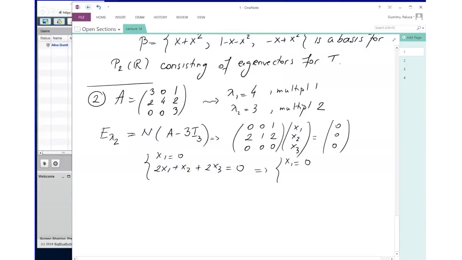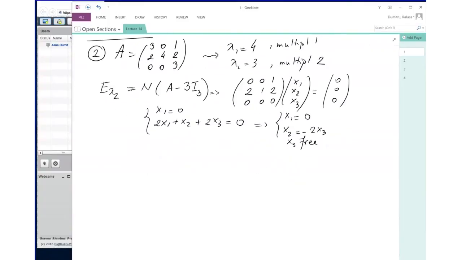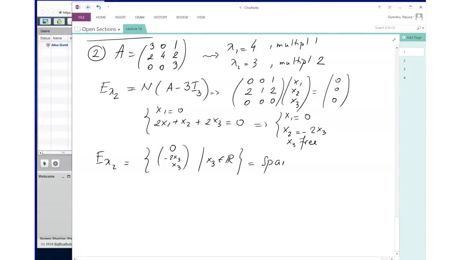So you end up with x1 equals 0, x2 is negative 2, and x3 is 3. So this E lambda 2 consists of vectors looking like this. So it is the span of (0, negative 2, 1).